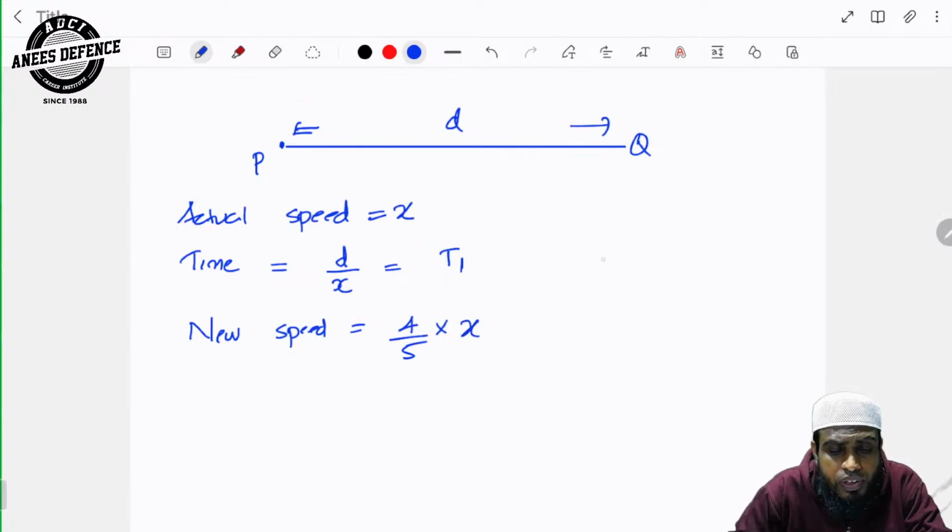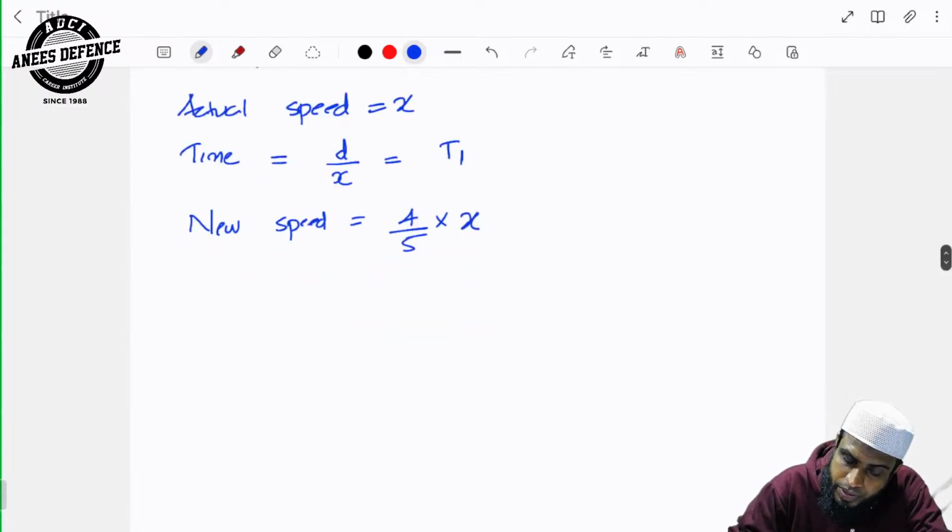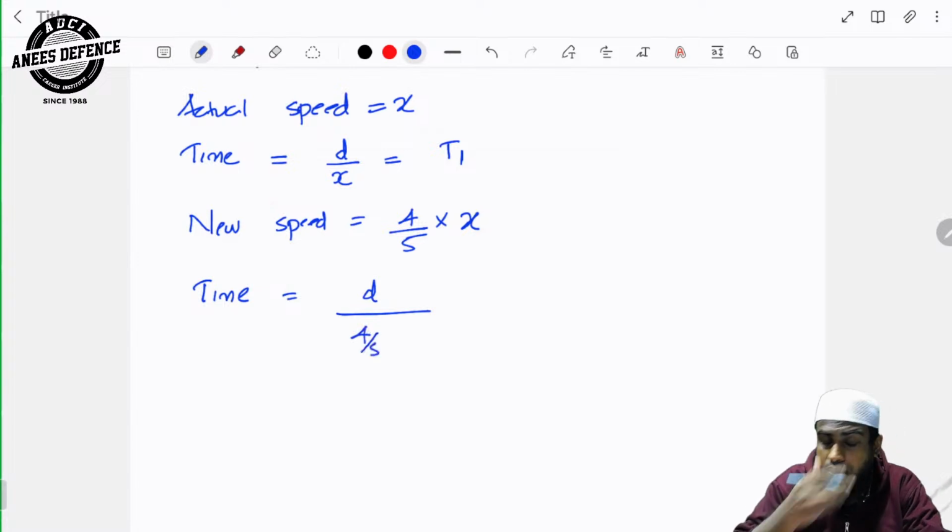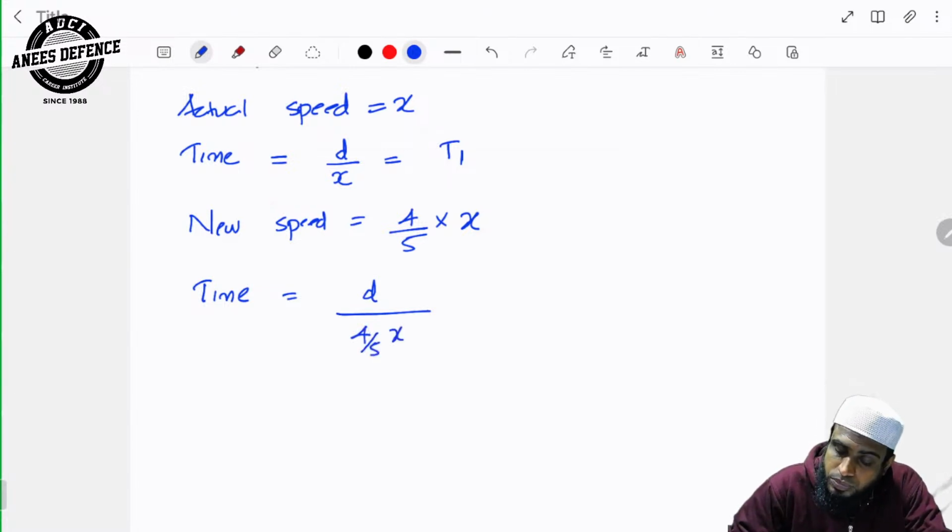He reaches 1.5 hours late. What was the actual time? So the time taken in the second case is the same distance divided by the new velocity, 4 by 5 of the initial velocity. That will be equal to t2.